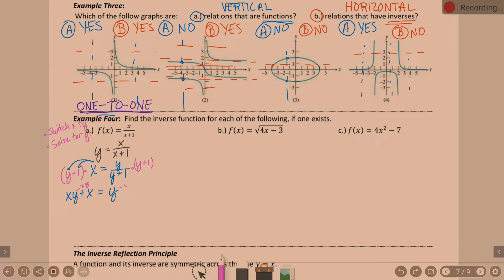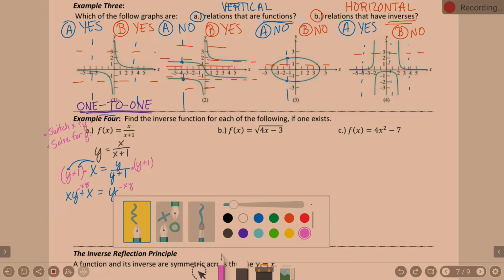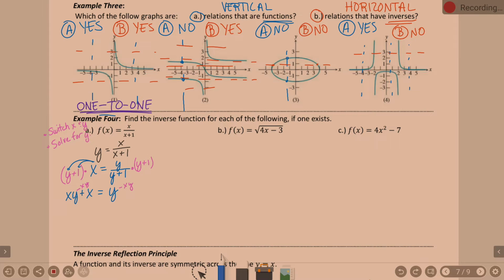If we subtract xy on one side, subtract xy on the other side. On the left now, xy minus xy cancels, and I'm left with x. On the right, y minus xy is y minus xy for the moment.